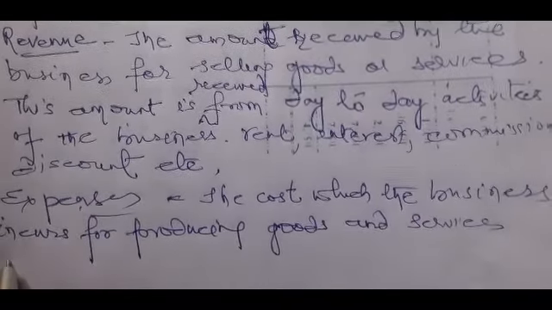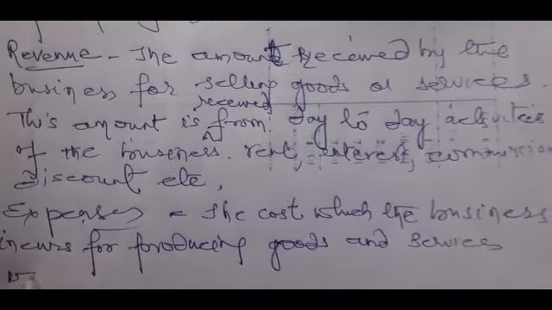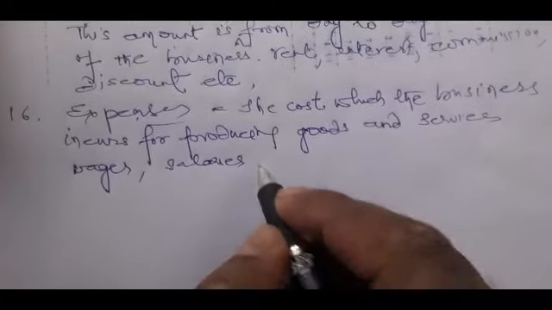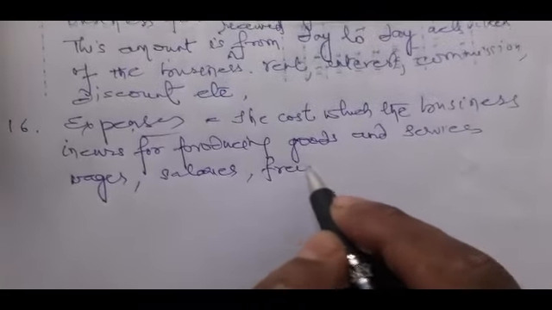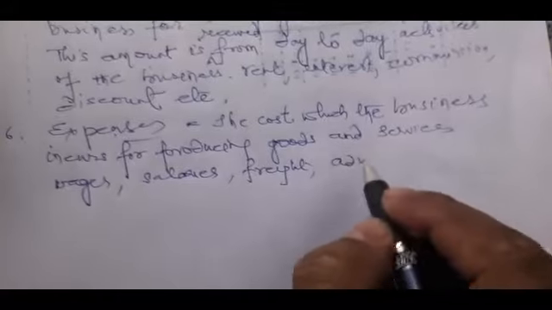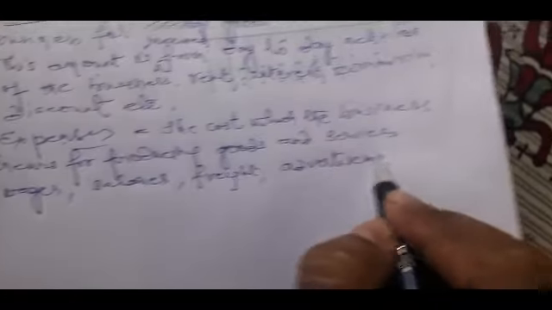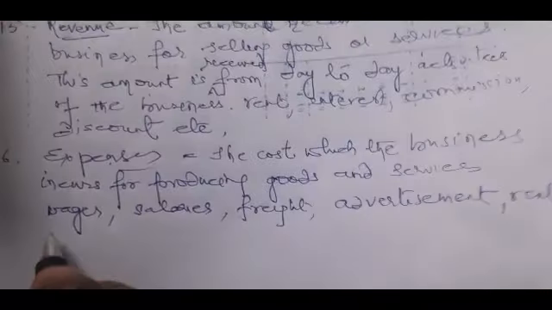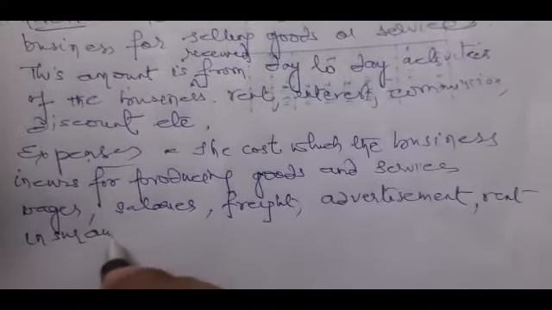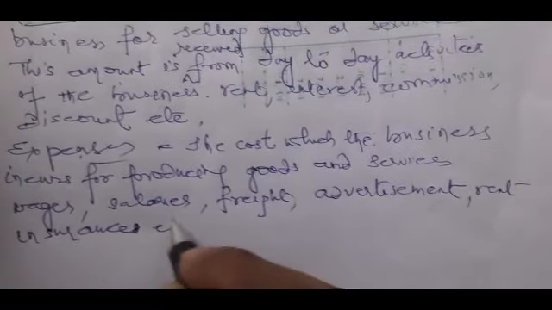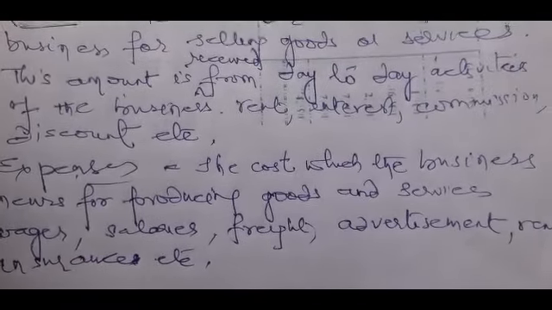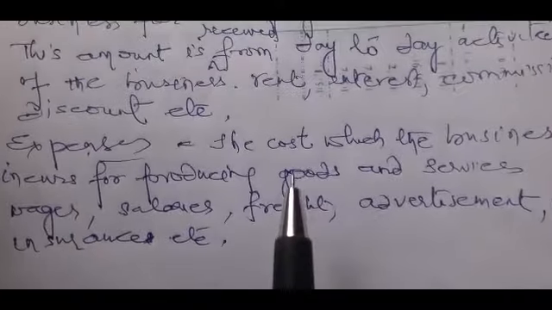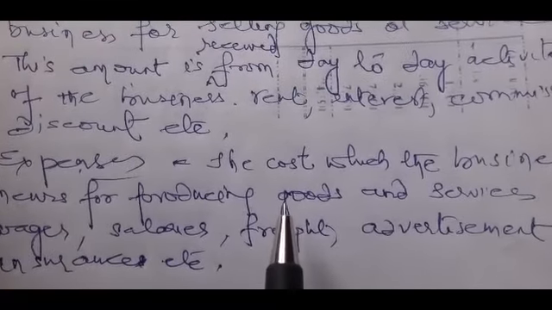This includes wages to the laborers, salaries to the office staff, freight, advertisement, rent paid, insurance, etc. In other words, we can say that expenses is the cost of earning revenue.